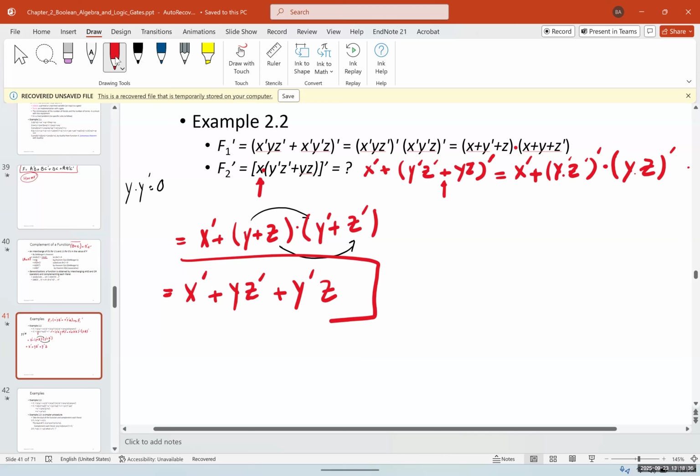This is going to be our final answer: x prime plus y z prime plus y prime z.